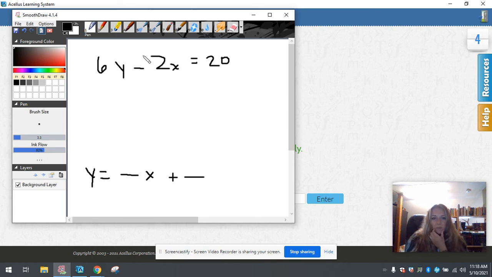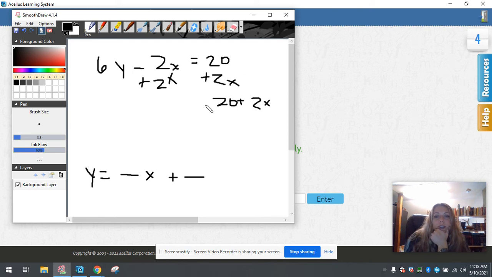Okay, so we want to get the y by itself, so let's get rid of this negative 2x. We'll add 2x to both sides. Then on the right side, we have 20 plus 2x. On the left side, we're left with 6y.